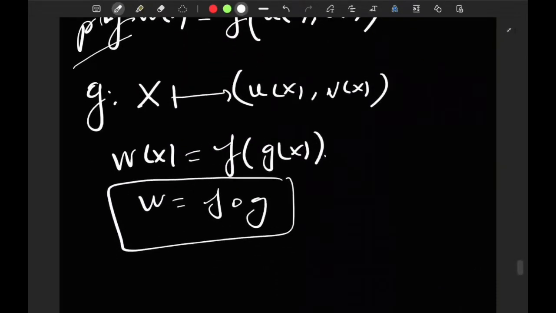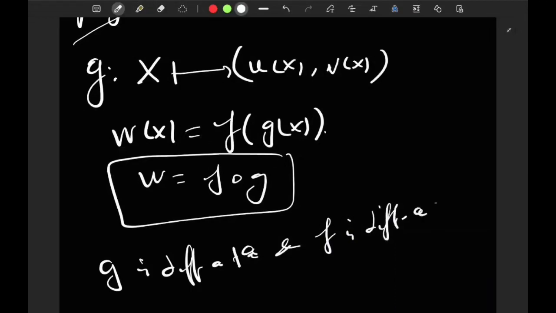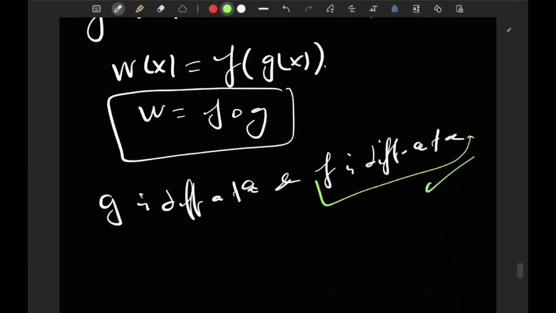So if I can prove that this map G is differentiable at a, and I know that f is differentiable because f is a bilinear continuous map, then we are done. This thing I have for free, because f is differentiable at, I should say not a, but (u of a, v of a).